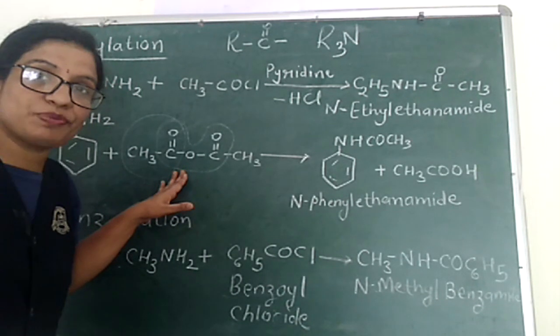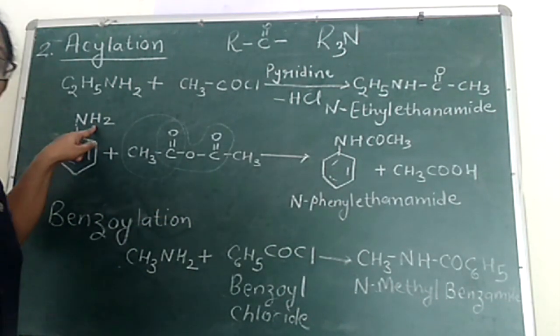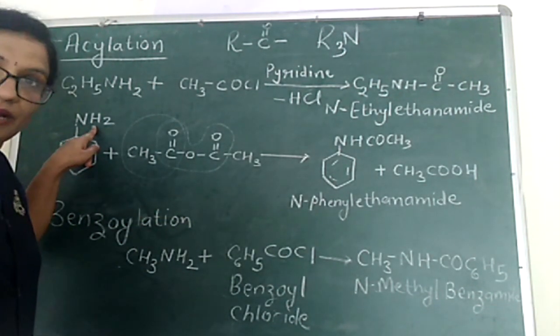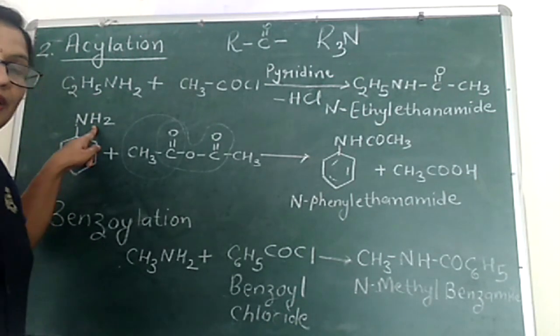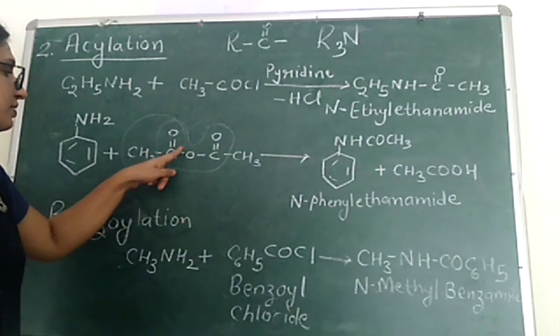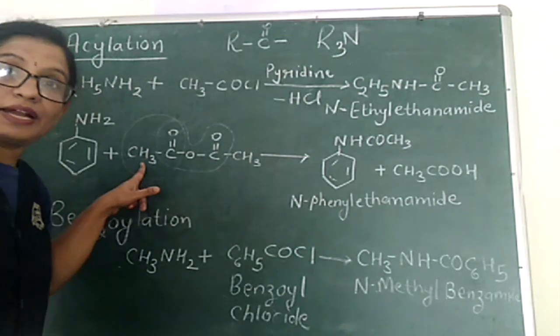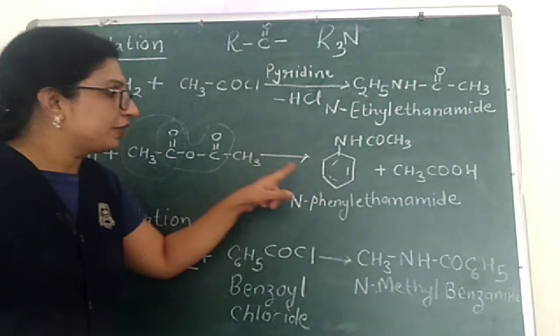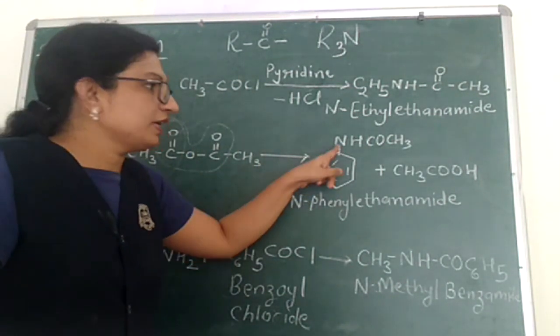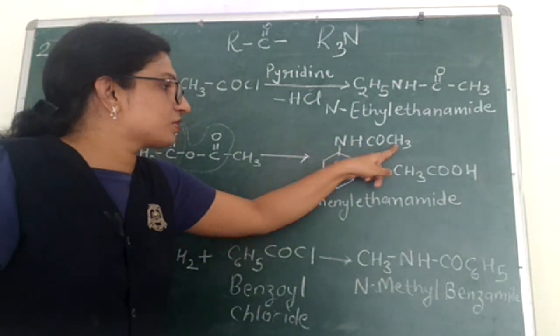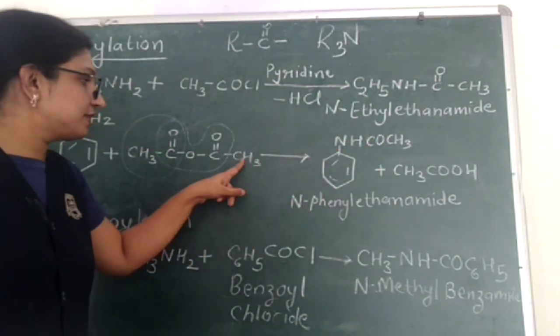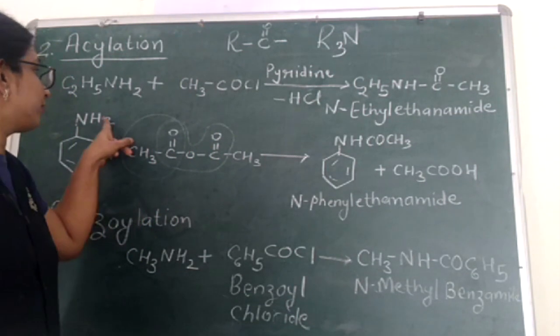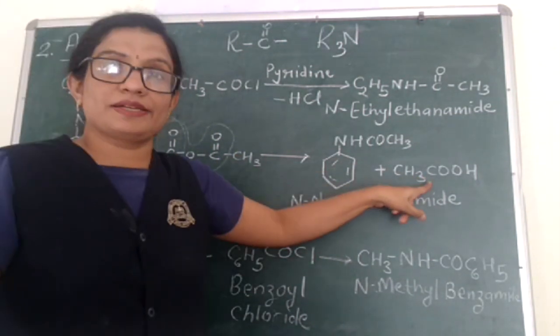Again acylation will take place. One hydrogen atom of this aromatic amine will be replaced by COCH3, that is the acetyl group, and look at the product: this benzene ring with NHCOCH3, and the side product will be CH3COO and one H from here, that is acetic acid.